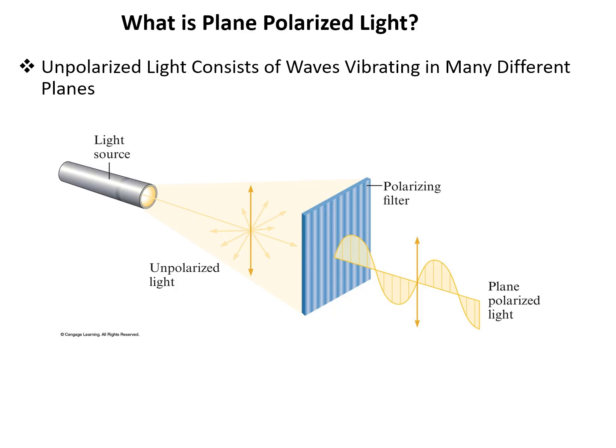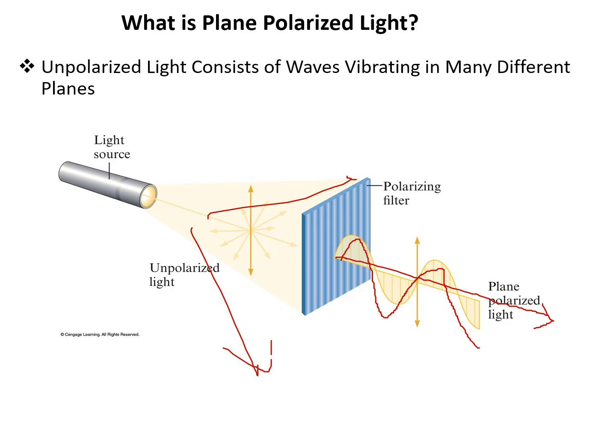Plane polarized light means light that passes through a filter so that it vibrates in only one direction. As shown in this picture, ordinary light vibrates in different directions, but here you can see only one direction.